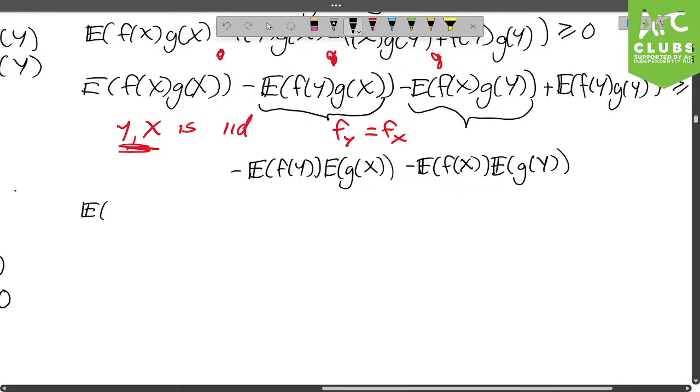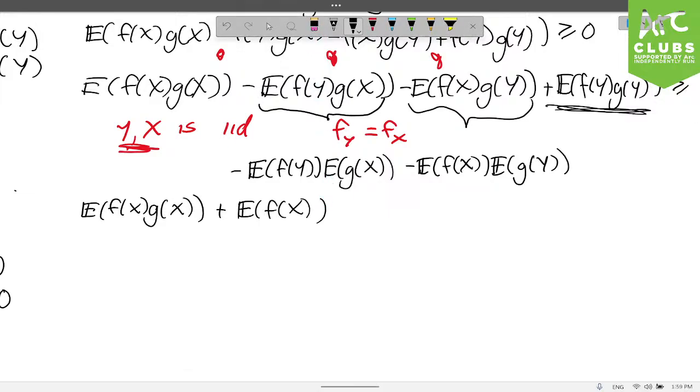I'm going to write down the expectation value of fx gx. I'm going to take this term now and add the expectation value of f, with y's going to x's, and g of x.